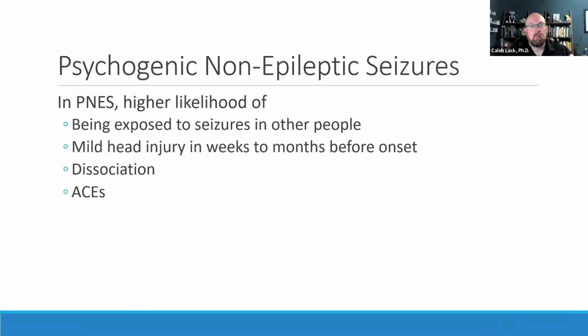So for PNES specifically, I did want to highlight that we have research showing that if someone has this specific type of functional neurological disorder, they're more likely to have actually been exposed to seizures in other people. They're also more likely to have had mild head injuries, not necessarily full concussion or TBI, but mild head injuries.